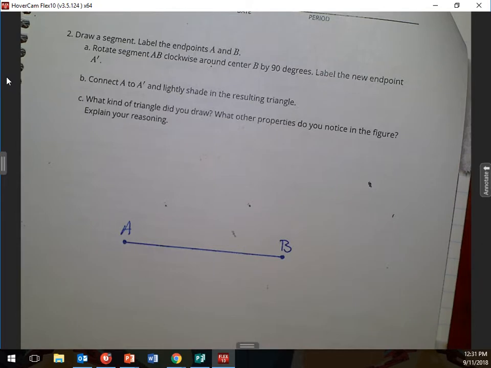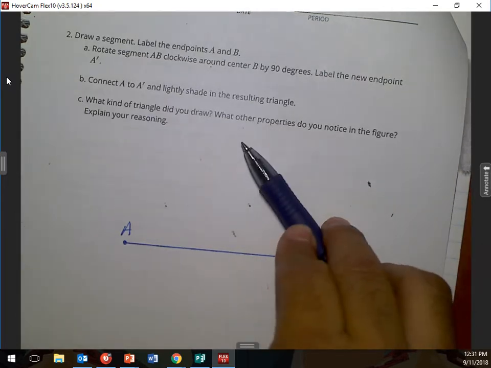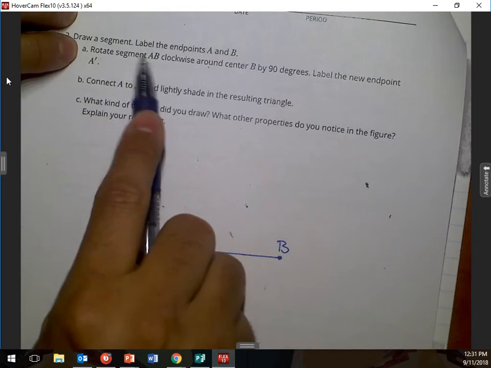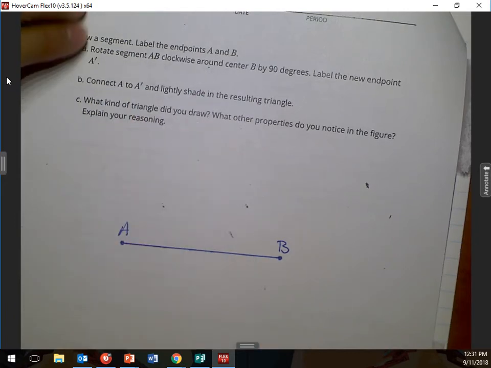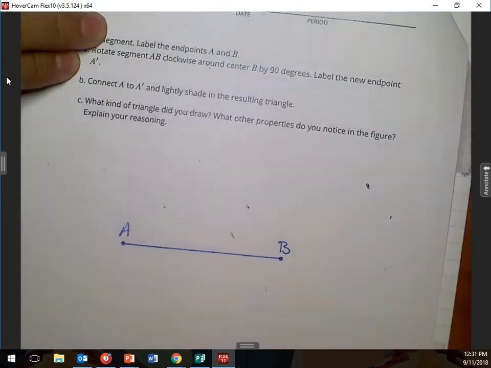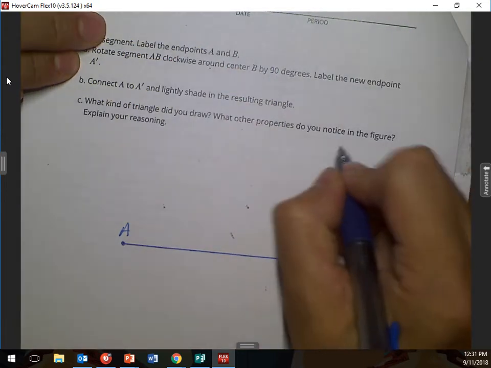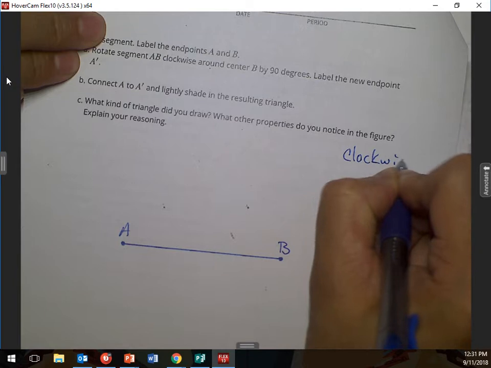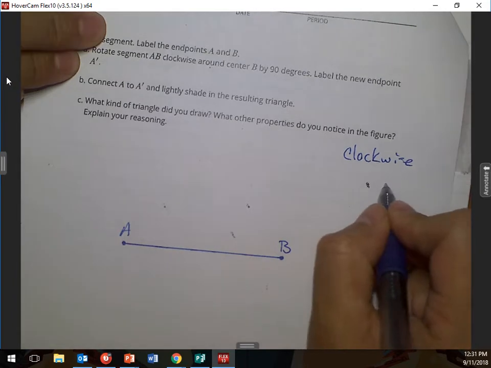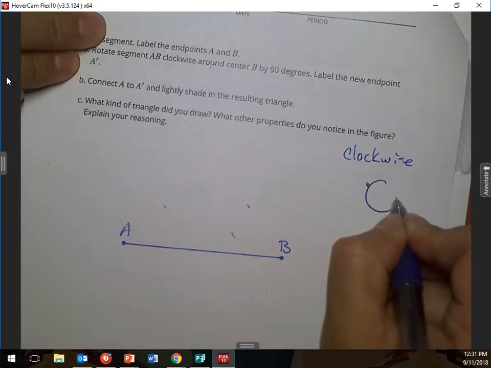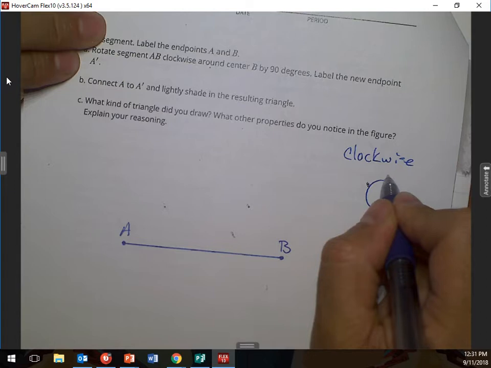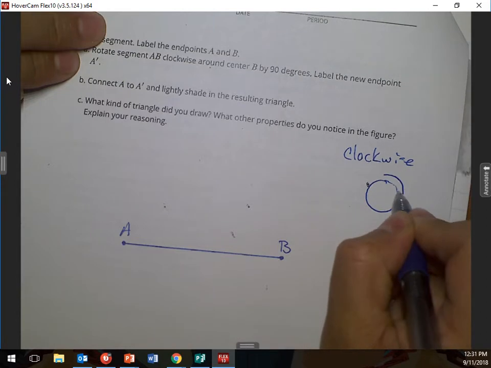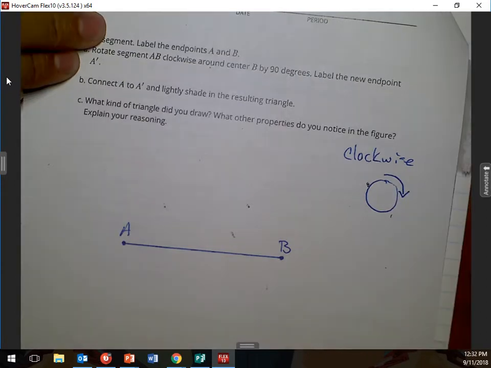Okay, so now we have this one right here. It says, rotate segment AB clockwise. Now, let's take a look. For the sake of clockwise, if I have a circle like this, it goes in the same direction as the clock, which is going to be this way.